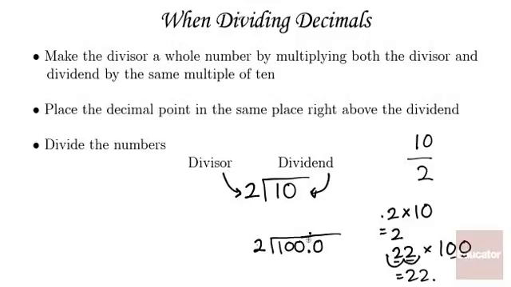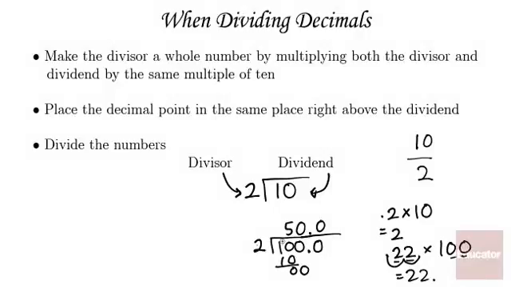Now when I solve this, 2 goes into 10 5 times, then 0, bring down the 0. 2 goes into 0 0 times. So my answer just becomes 50. 2 times 50 is 100. If I bring down this 0 again, 2 goes into 0 0 times. So the answer will be 50.